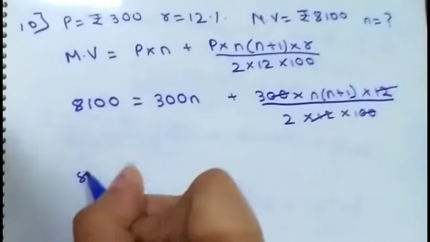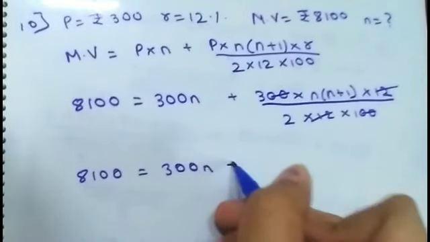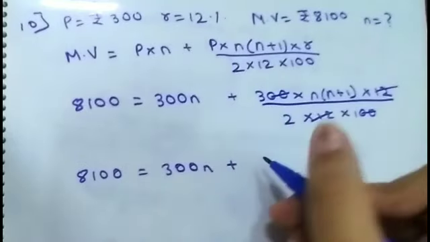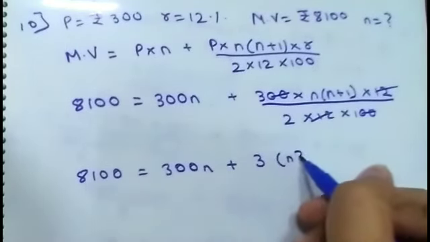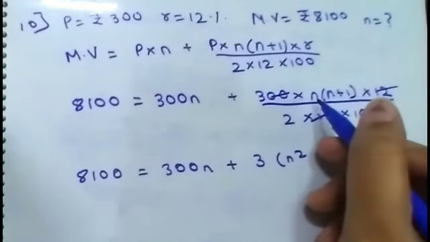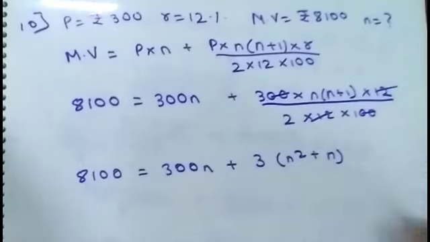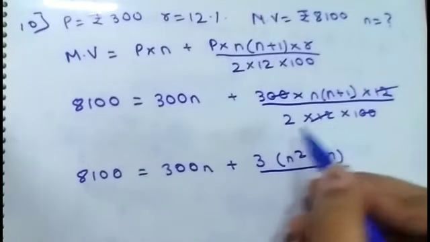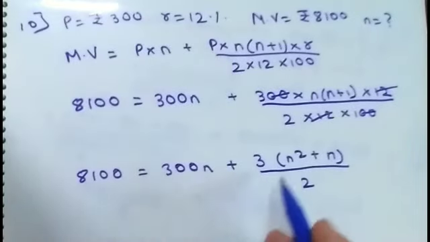So, here it would be 8,100 equals 300n plus 3. Now, n into n would be n square, and n into 1 would be plus n. Divided by 2, because 2 was remaining and here 3 is remaining.